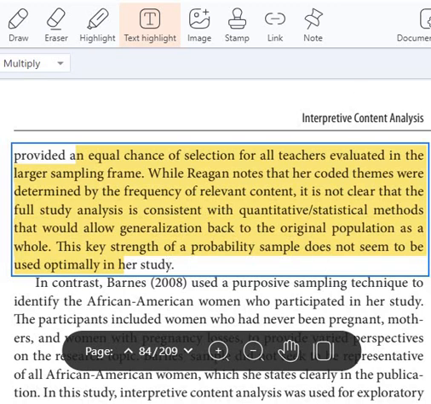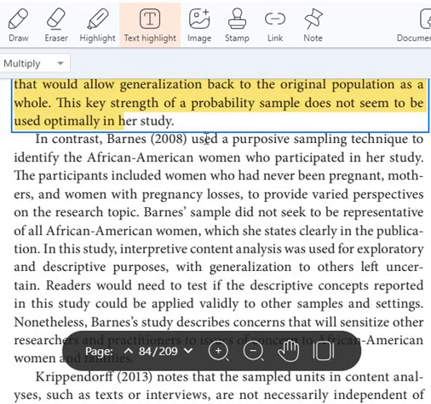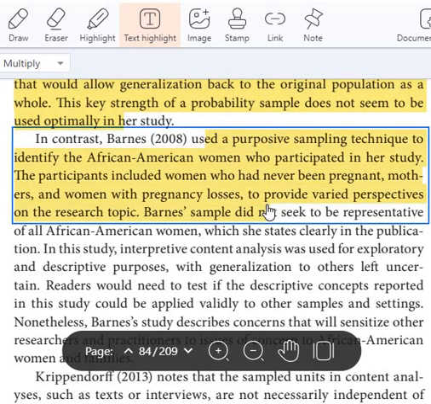As for Barnes, in his study, he used a purposive sampling technique. So he was unlike Reagan, who used the random sampling. Barnes used the purposive sampling technique to identify the African American women who participated in her study.